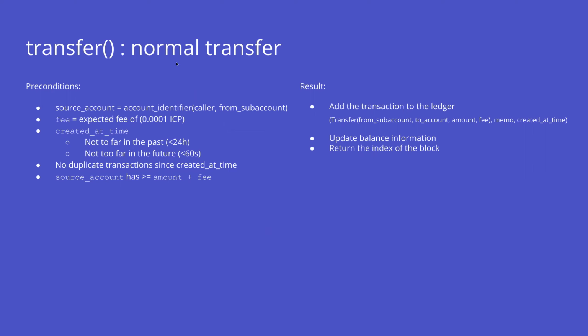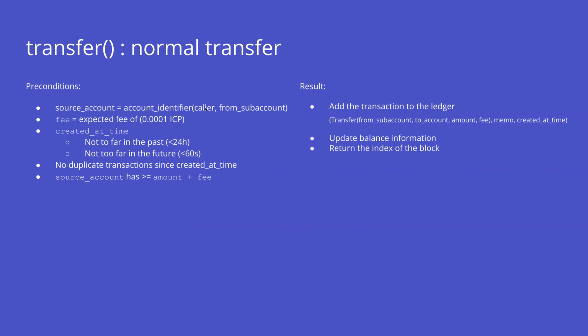This is checked by using the account identifier function, which takes the caller, which is your principal ID, which I just showed with that Motoko whoami function, the one who calls the transfer function, and that is combined with the optional from sub account parameter to give the source account. So you can only get this source account if you have the right principal ID that is the caller of this function.